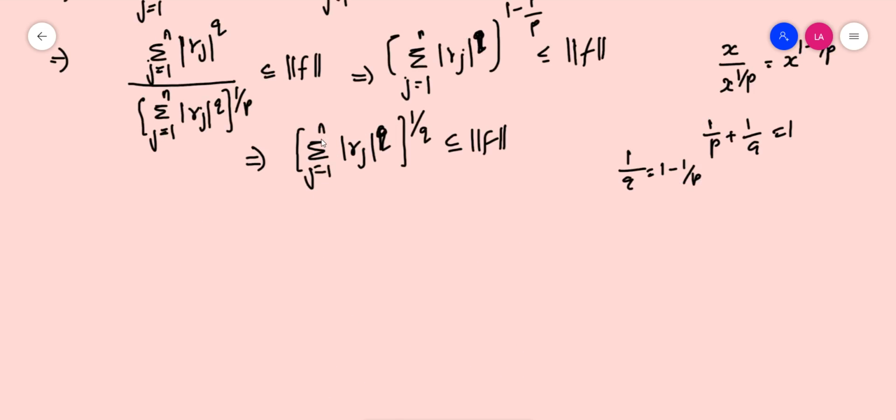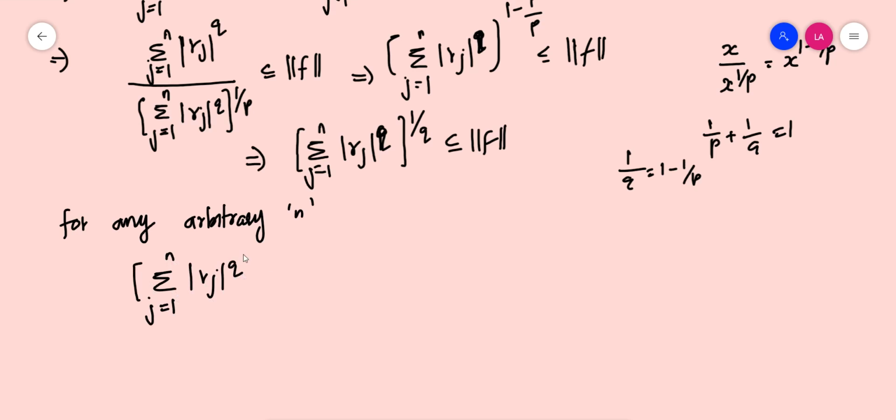And we haven't fixed this n. So for any arbitrary n, this summation j is equal to 1 to n modulus of gamma j the whole raised to q the whole raised to 1 by q is less than or equal to norm f.